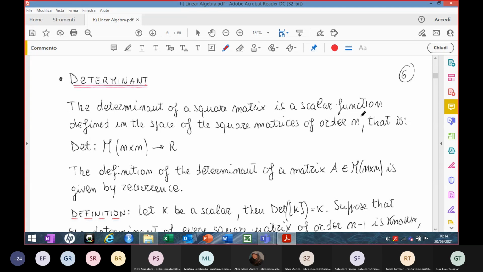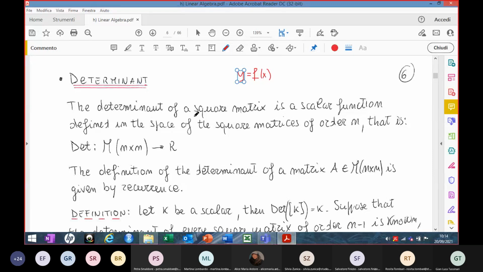So what does it mean? The determinant is a function whose argument is the so-called x. Remember, when you study a function, you have y equal to f of x, and for every x in the domain, y assumes a particular value. This is a scalar function because it assigns a unique value for every value of x.